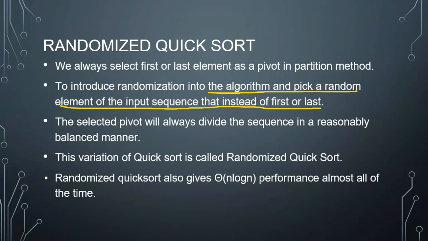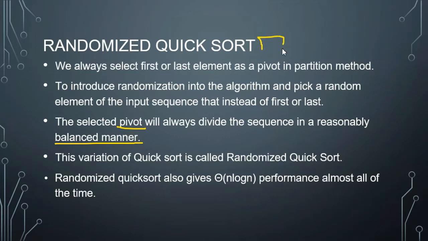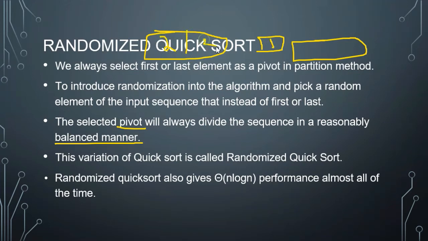The selected pivot will divide a sequence in a reasonably balanced manner. If one element is selected as the pivot, it will divide an array into sub-arrays like this: 1, 2, 3, 4 and 5.